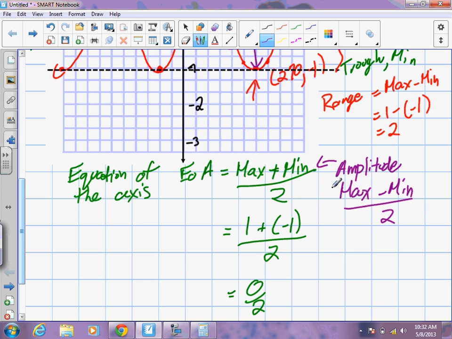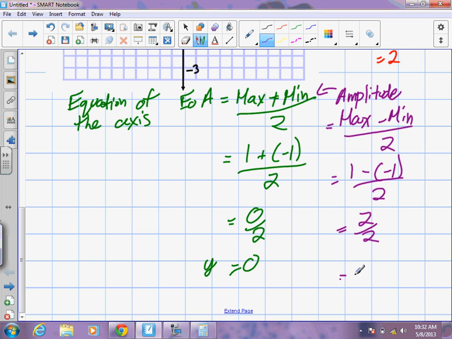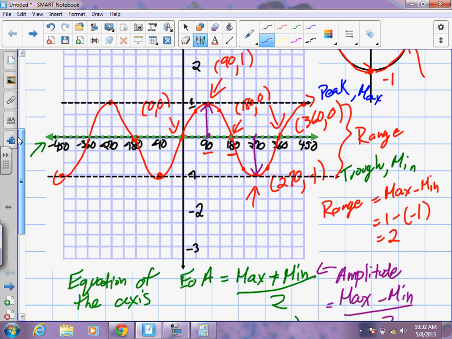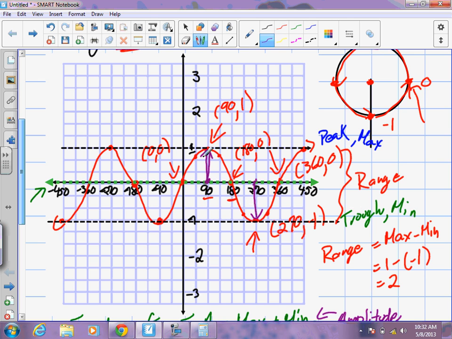So in this case, let's calculate our amplitude. The max value was 1. We subtract the minimum, which is negative 1, and we have to divide it by 2. What is 1 subtract negative 1? 2. And what is 2 divided by 2? 1. So the amplitude, the distance from the equation of axis to the highest point, is 1, which makes sense, right? The highest point being 1. And the distance from the middle to the lowest point is a distance of 1 also. So the amplitude calculates the distance between these points.